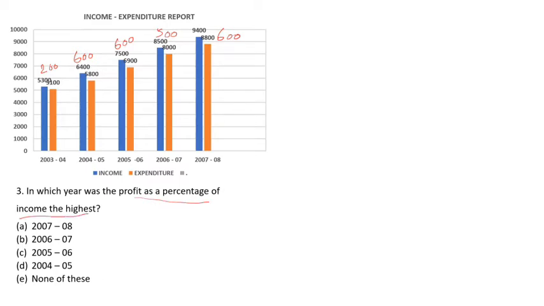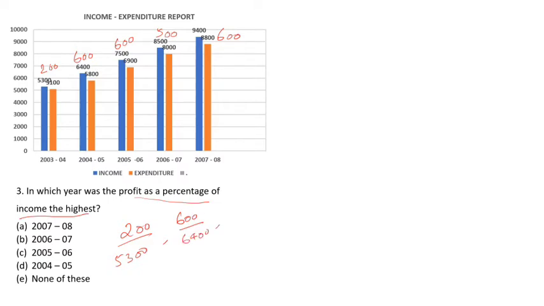So here you can see this is percentage of profit of income. So income is 5,300. Out of 5,300, we have the profit of 200. So we will write it like this: 200 out of 5,300. In the second case, 600 out of 6,400.